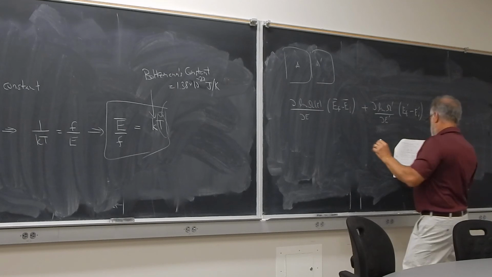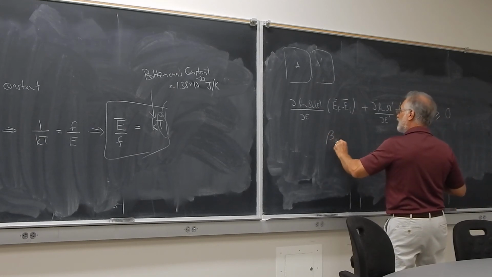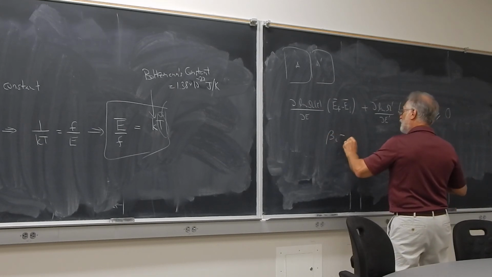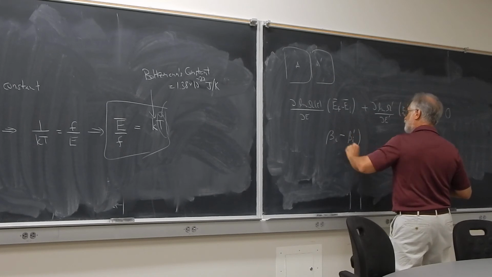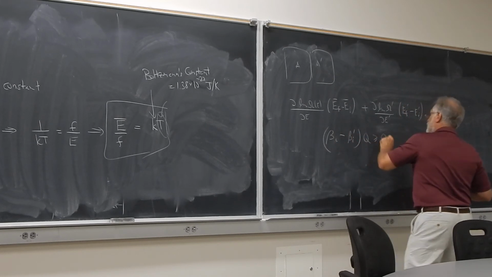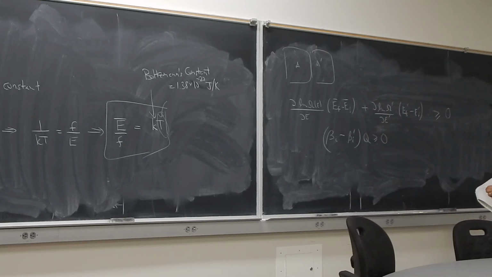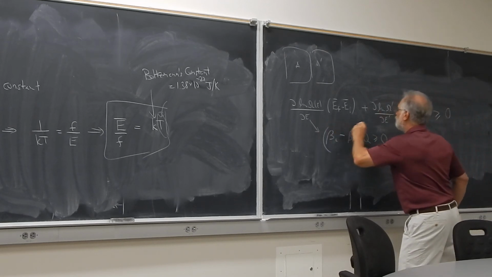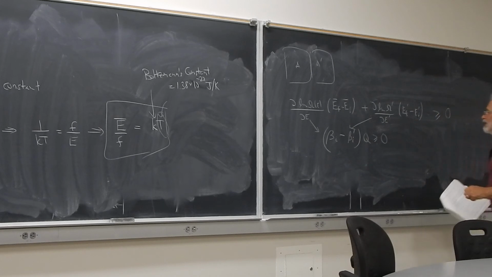That is to say then that beta initial minus beta initial prime, times Q, must be greater than or equal to 0. These guys are beta and beta prime.